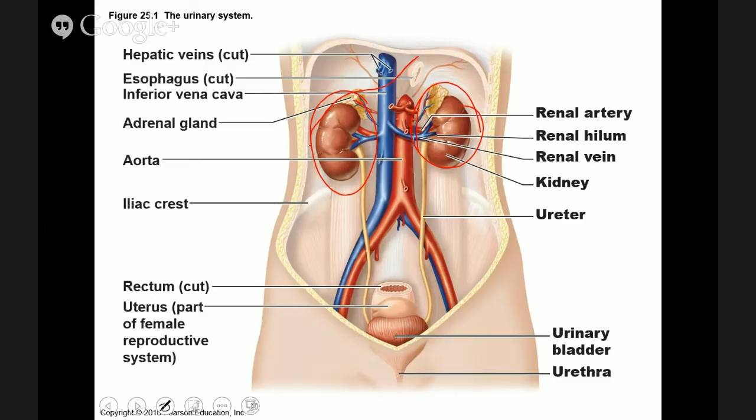If we have full use of our kidneys, we can keep the metabolic wastes and other wastes of the body down to a manageable level that it doesn't kill us. So basically what we're trying to do is keep the body from becoming toxic from all of the metabolic waste products that your body produces.